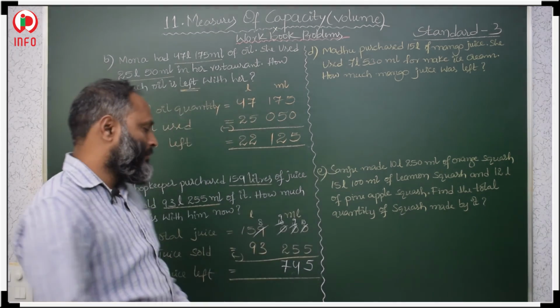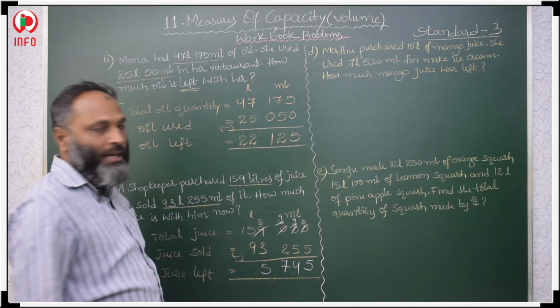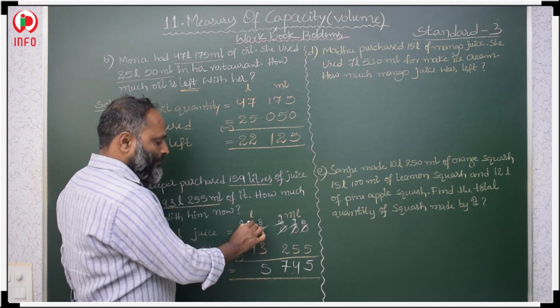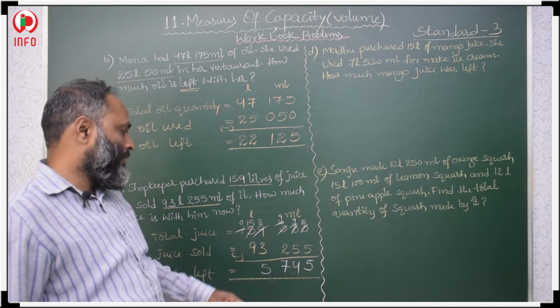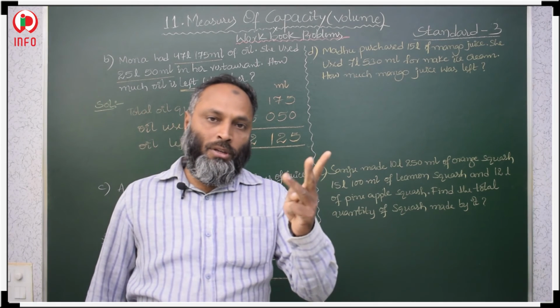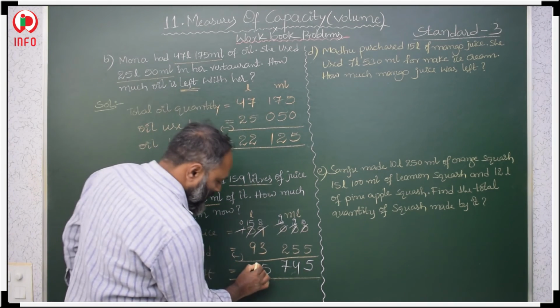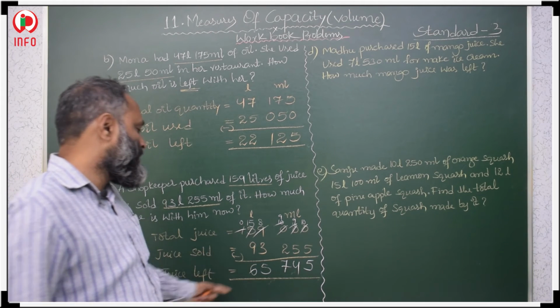It is 5. 5 minus 9 we cannot minus, so again take borrow. Here you will get 0, you will get 15. 15 minus 9 means 10 to 15 we have to count. 10, 11, 12, 13, 14, 15. 6. Then 65 liters, 745 milliliters of juice left.